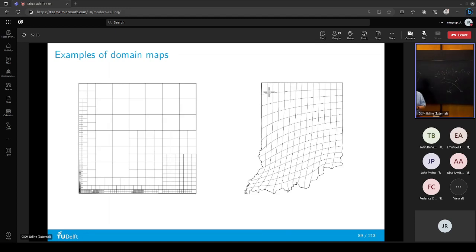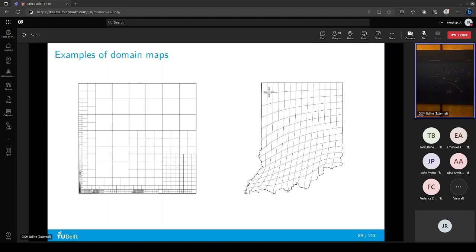Or what you can do is multi-patch. Let's say your domain is like this, and you have a hole. If you want to break this down into blocks that only have 4 corners, we can do it, for example, here. 1, 1, 2, 3.